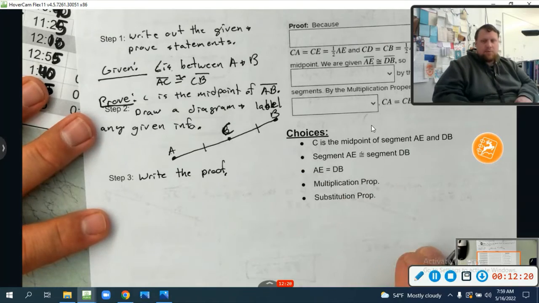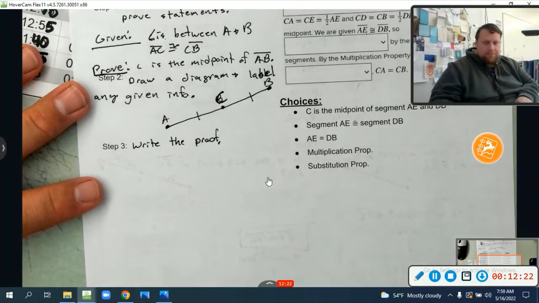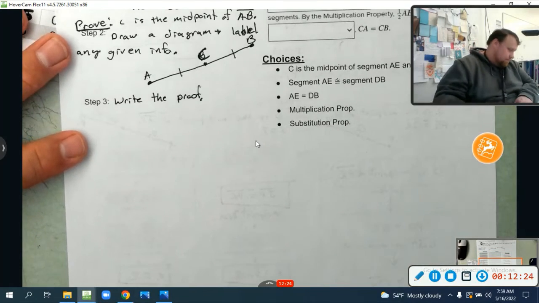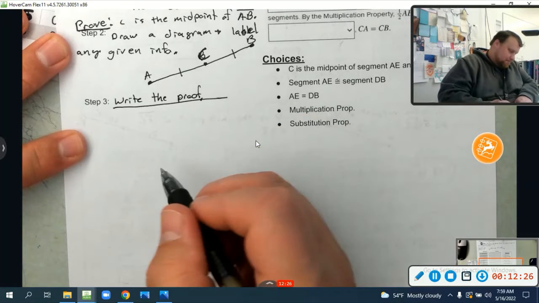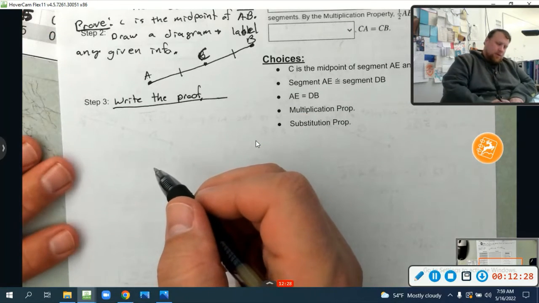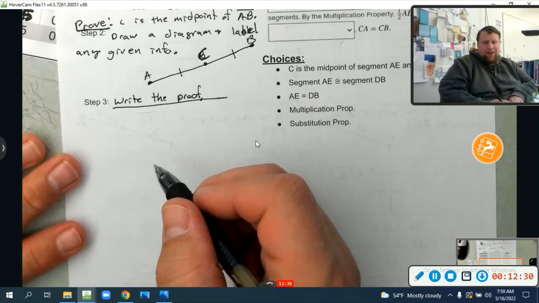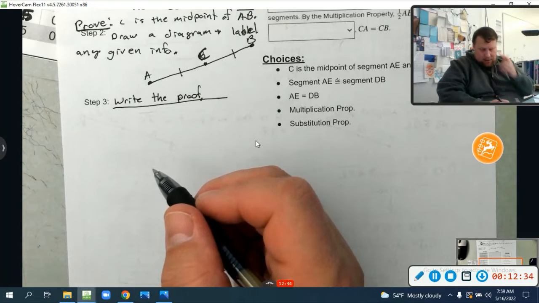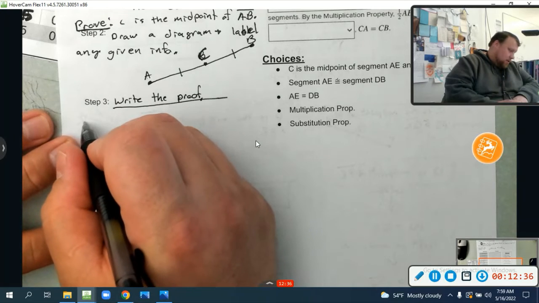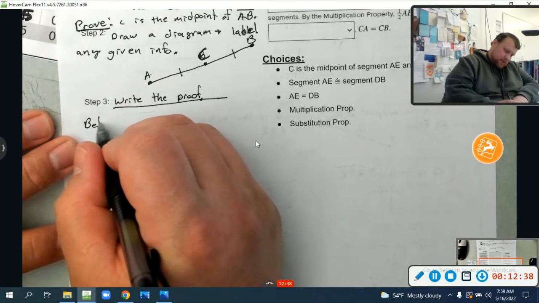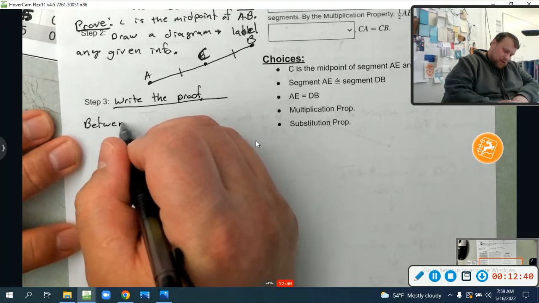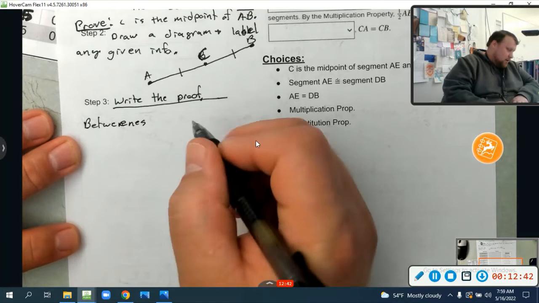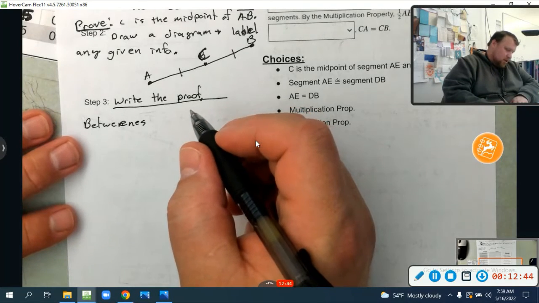So we're really going to spell out what it is we're doing here. Here's what I would say. We have heard of a thing called betweenness. In fact, that is in your toolkit. And what does betweenness do? Betweenness tells us that A, B, and C are collinear.